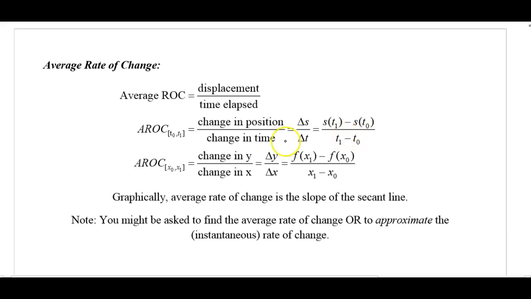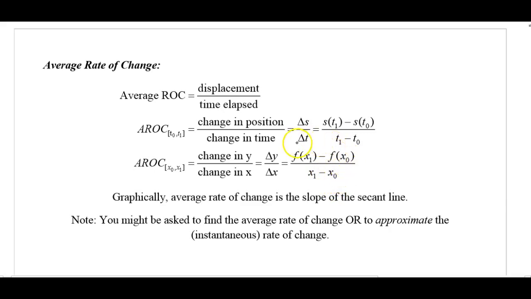Or even more generally, we could think about the average rate of change over x sub 0 and x sub 1. So in general, we want the change in y, or the change in the vertical axis, over the change in the horizontal axis, so delta y over delta x, which would be f of x1 minus f of x0 over x1 minus x0.